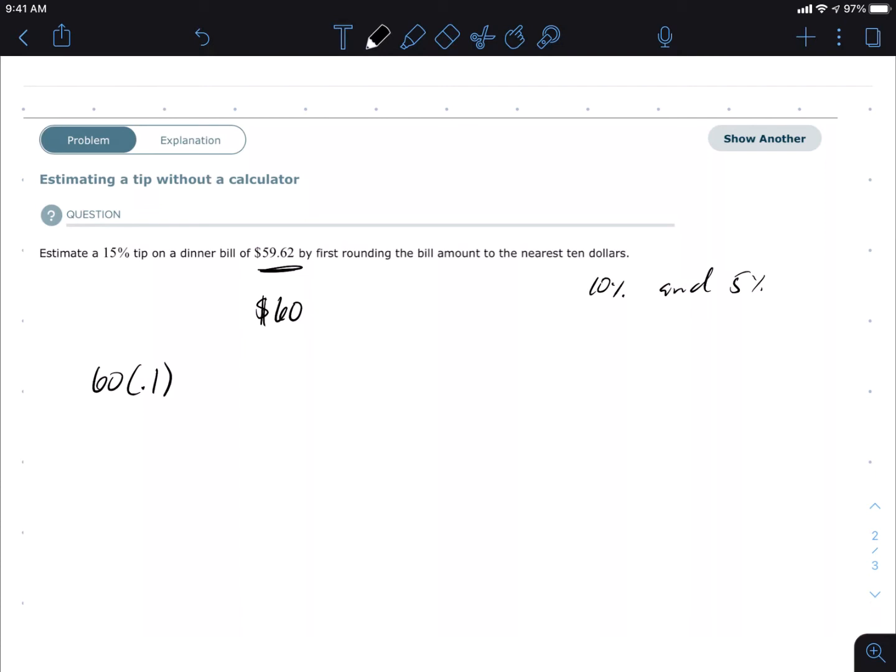60 times 0.1 plus 60 times 0.05. I know this one here, 0.1 is just move the decimal 1 over, so that's $6, right? And 5%, because I know it's half of that, has to be how much?